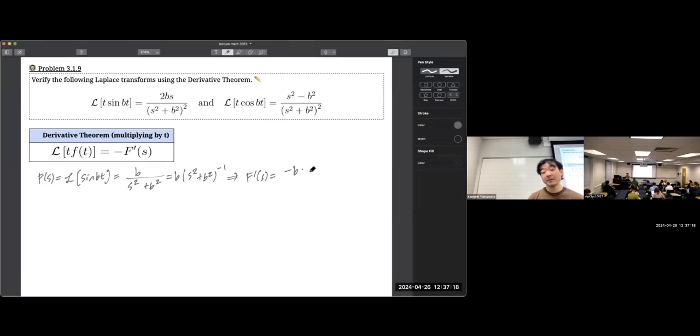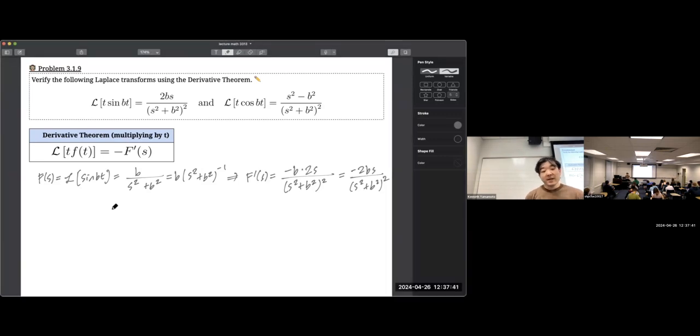So it's going to be times 2s, and then it's going to be raised to -2. So it's s squared plus b squared all squared. So I guess it's the same as -2bs over s squared plus b squared squared.